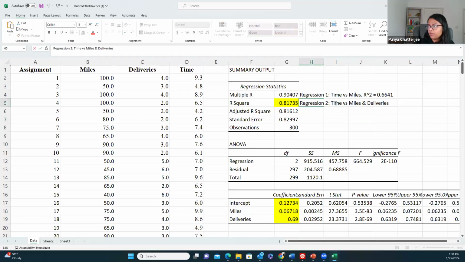And I find that my R-squared is 0.81735. So, which model is better? Is regression 1 a better model or is regression 2 a better model? And why?